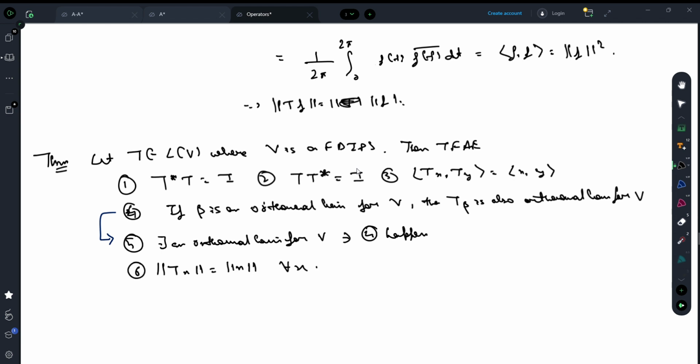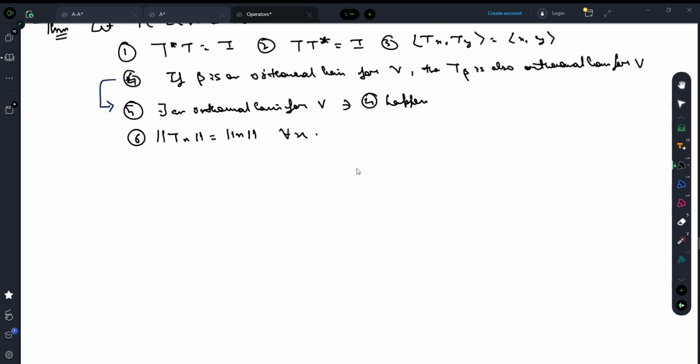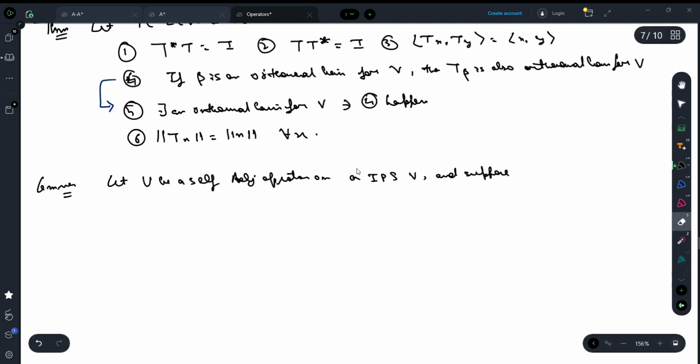To prove this, we just simply need one lemma. The lemma is that let U be a self-adjoint operator on an inner product space V, and suppose, okay, let me not call it a lemma, let me just take this as an observation. That's not as important even to consider it to be a lemma.